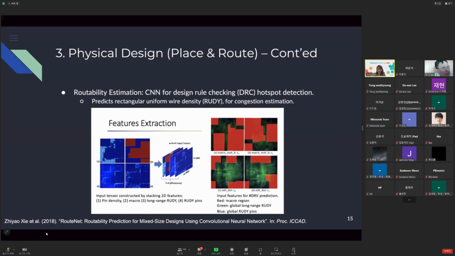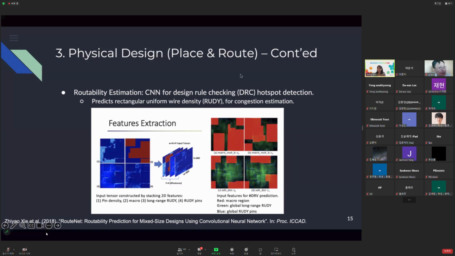And naturally, if you route that many roads in a certain limited space, there can be some supply and demand issue, right? So let's say you have a space that can serve 10 roads, and now you have a demand for 12 roads, then there's no way to route those two signal paths. So the goal of routing is to prevent that kind of situation.